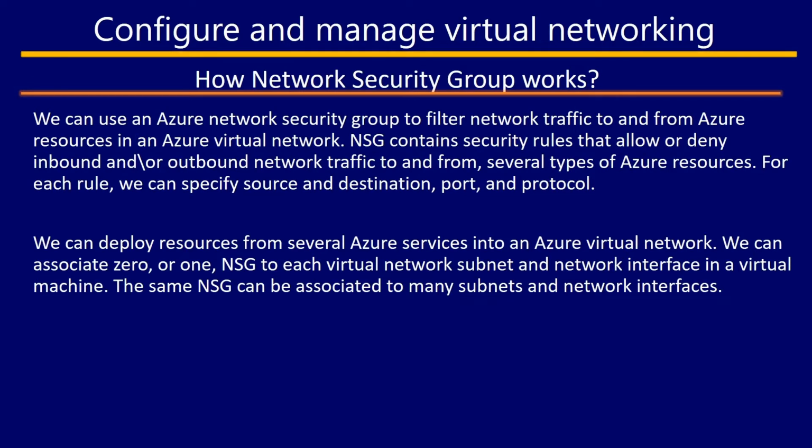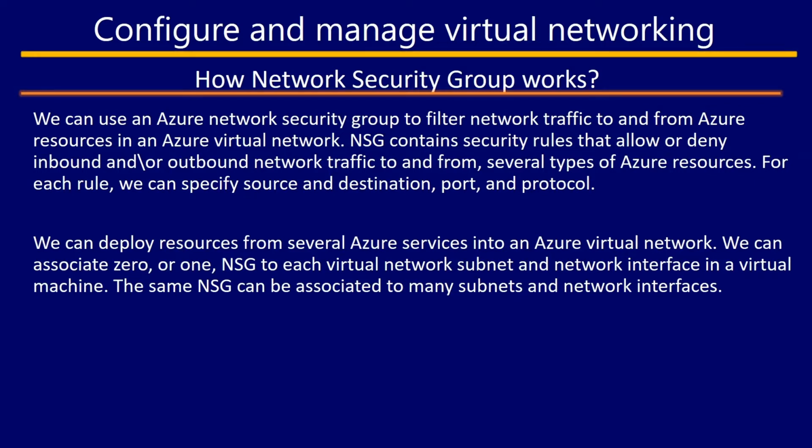How does a network security group work? We can use an Azure network security group to filter network traffic to and from Azure resources in an Azure virtual network. An NSG contains security rules that allow or deny inbound and outbound network traffic to and from several types of Azure resources.